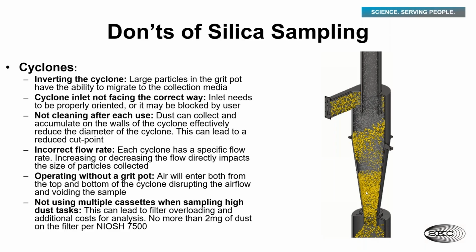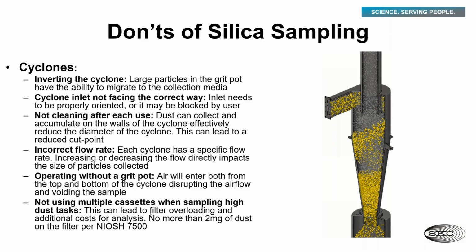That bottom air is disrupting that vortexing, that spinning motion of the particles, and you're going to be collecting particles inside of your filter that are not following that ISO curve. So if you ever find yourself sampling without a grit pot, just understand and know that that sample is not going to be valid.